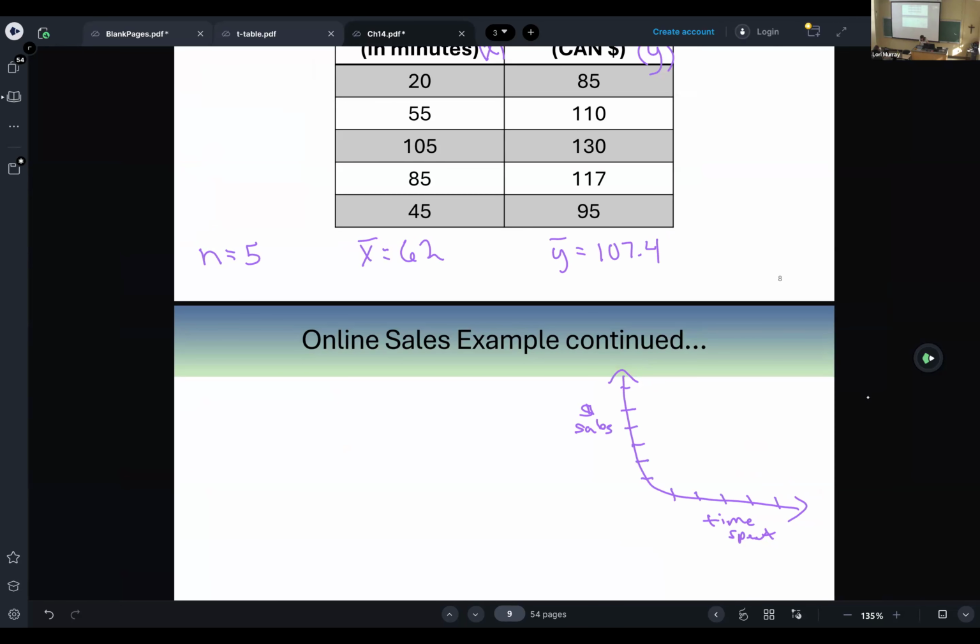This is starting at 20, 40, 60, 80, 100. Remember, a sketch doesn't have to look like software. It's just a sketch. Here we're going to have 20. This is going to start at 90. I'm going to start at 80, 90, 100. Move that over. 105, 110.